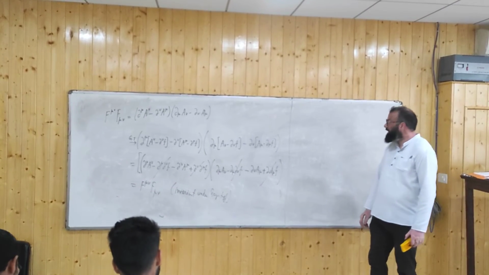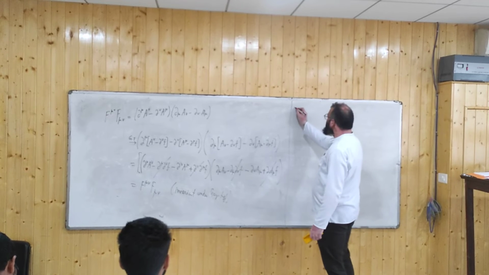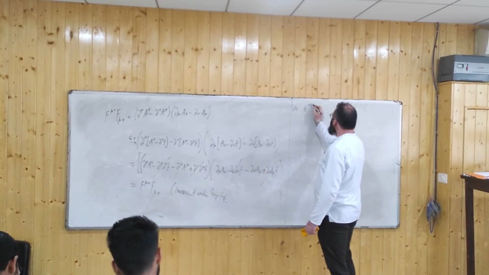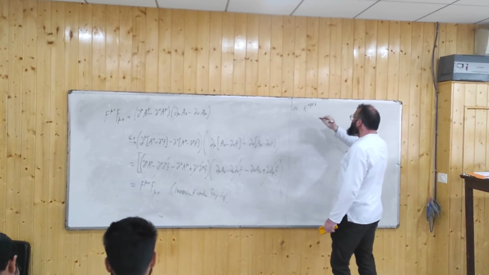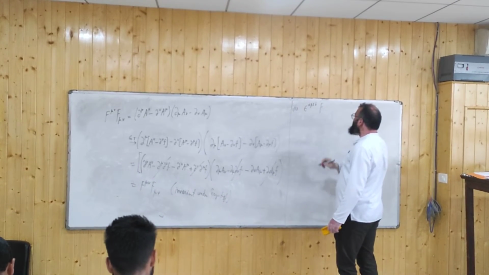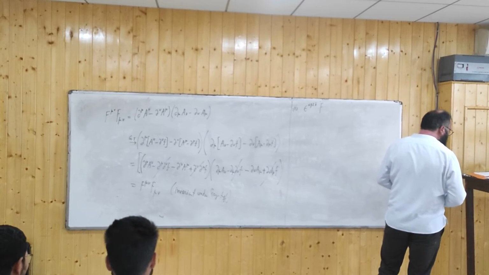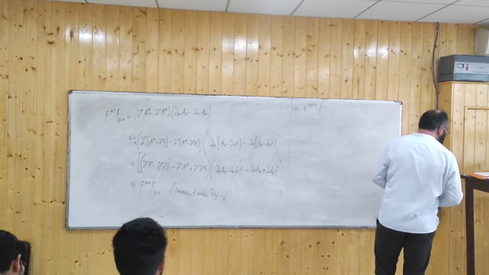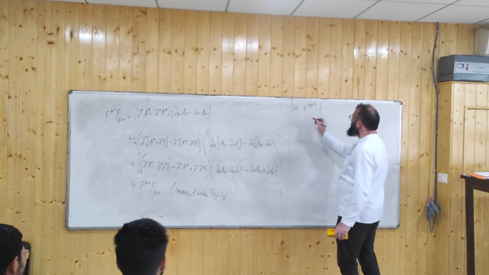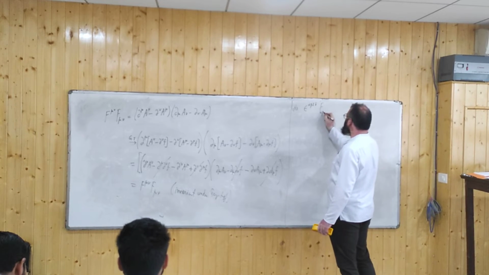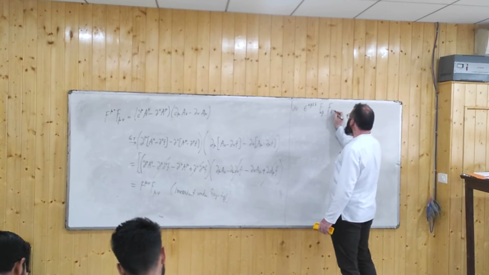So the second scalar is like this: epsilon alpha beta gamma delta F alpha beta F gamma delta.